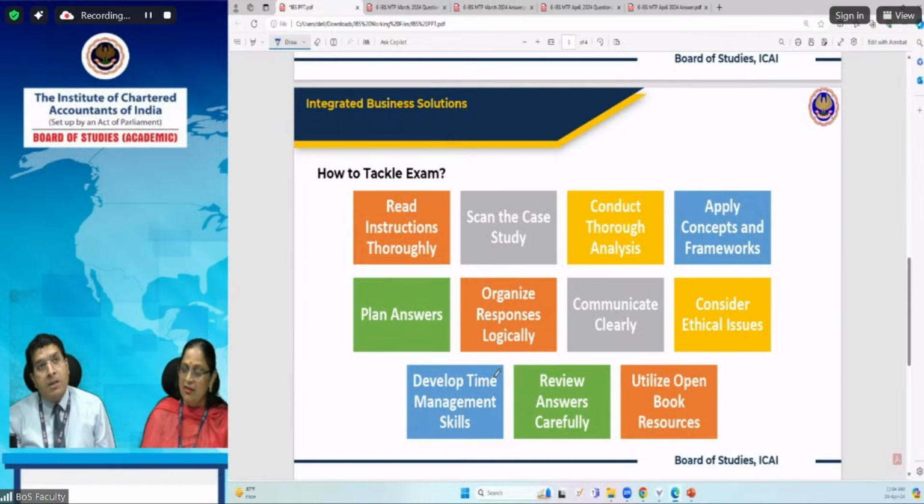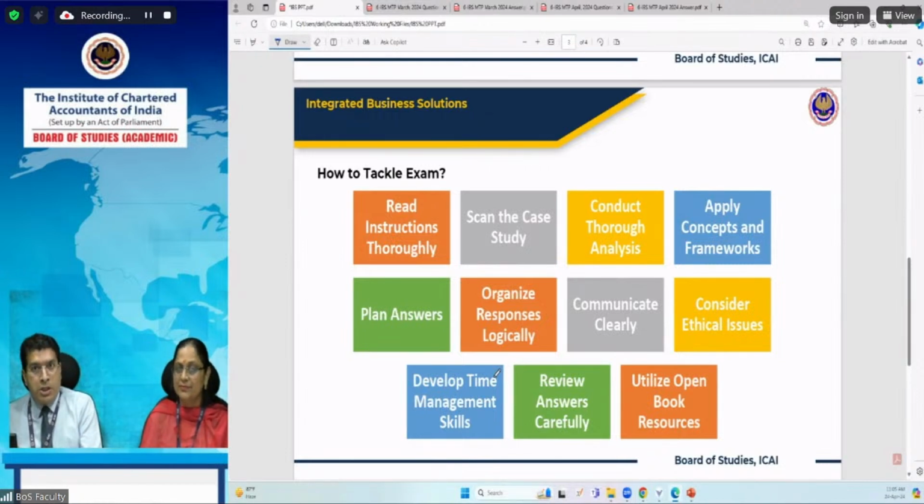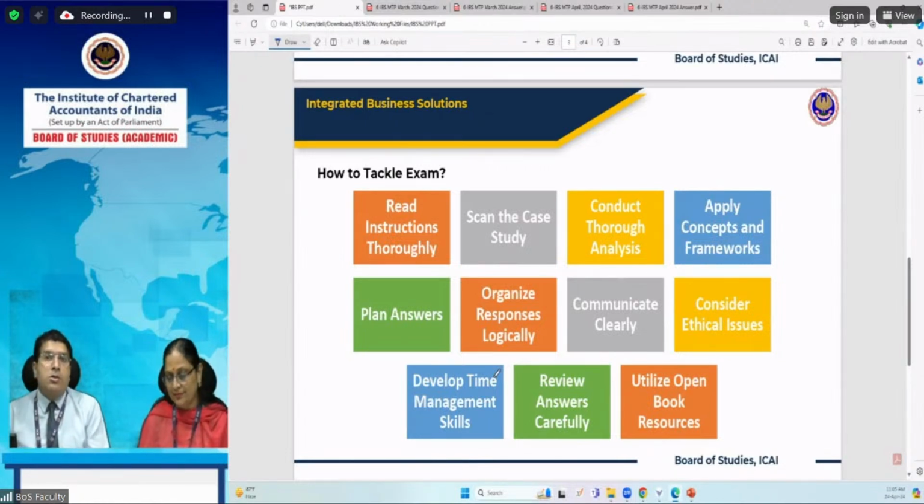The next step is to scan the case study thoroughly so that you can understand the requirement: what the case study says, which model you have to apply, and whether it relates to strategic decision, taxation or finance. You have to scan all case studies thoroughly in your planning time.